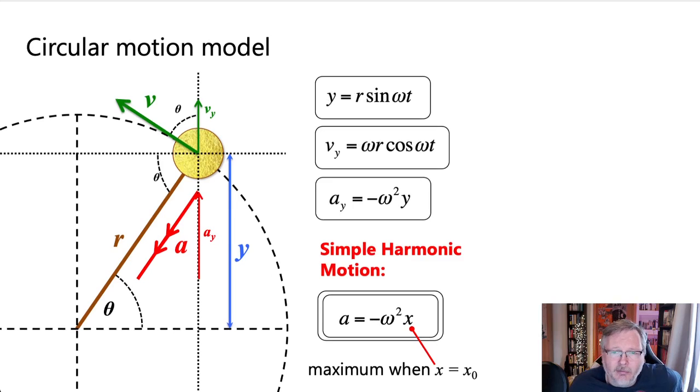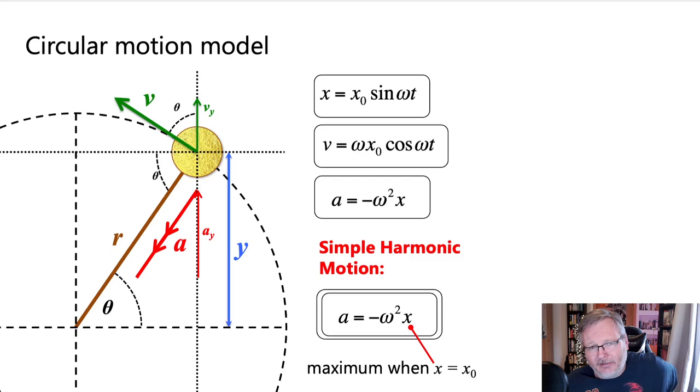Instead of having r, we have x0 to represent the maximum value. So we get x equals x0 sine omega t, v equals omega x0 cos omega t, and a equals minus omega squared x, which are three of the equations in the data booklet for this topic, and they relate to the position, velocity and acceleration of an object in simple harmonic motion.